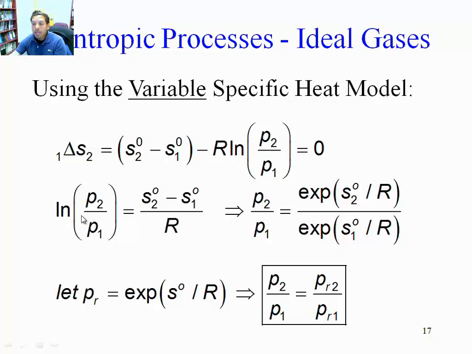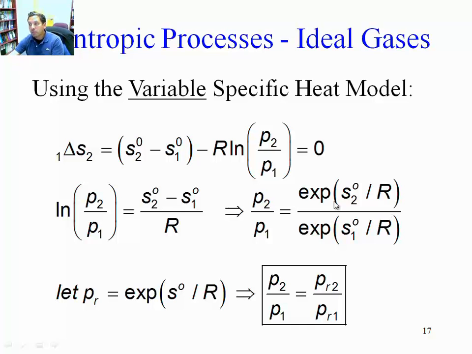And now what we have is that the log of P2 over P1 is equal to S02 minus S01 divided by R. We're just solving for these. So now let's solve for P2 over P1, and that is the exponential of S02 divided by R divided by the exponential of S01 divided by R. Now this expression here, the exponential e to the power of S02 divided by R, we're going to call PR.